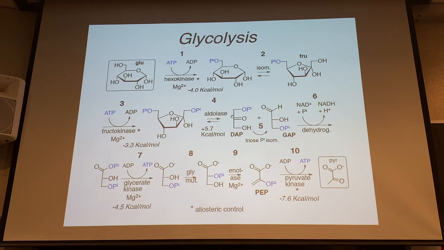Now, we do a reaction with aldolase. Aldol, that's a reaction we know, and I've just mentioned it. Aldol makes a carbon-carbon bond. This is actually a retroaldol reaction, which breaks diphosphofructose into 2 small molecules, DAP, or dihydroxyacetone phosphate. And there's your acetone, that ketone right there.